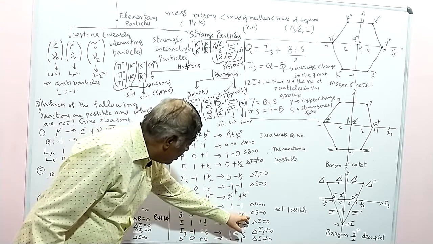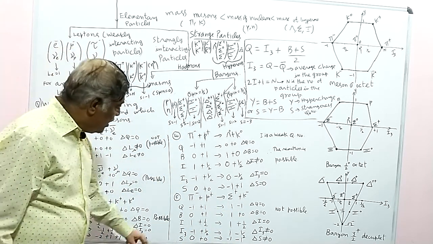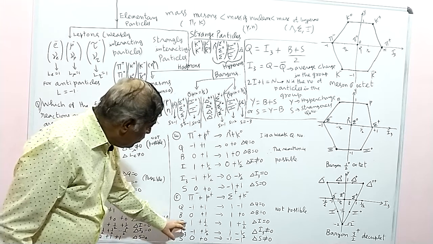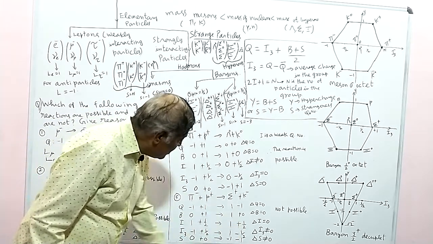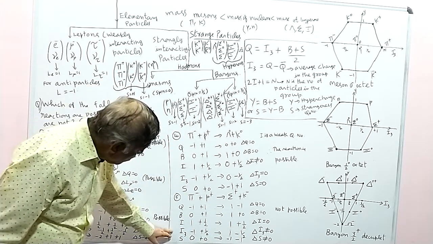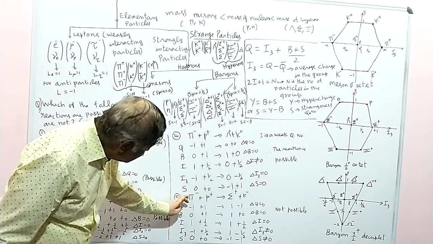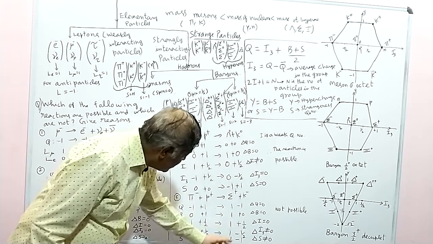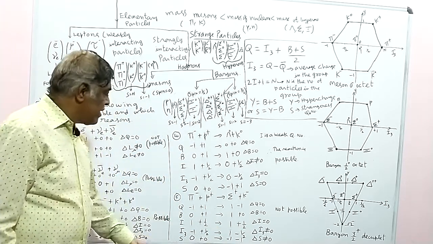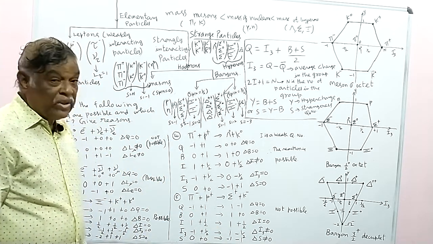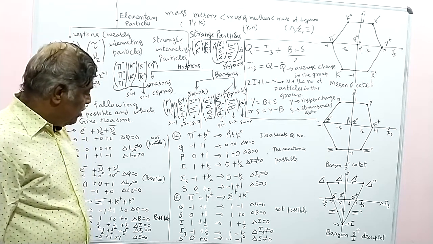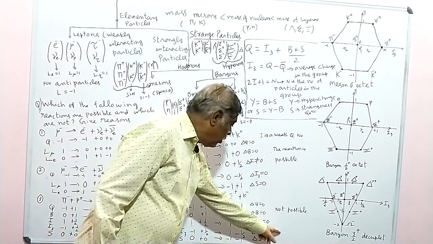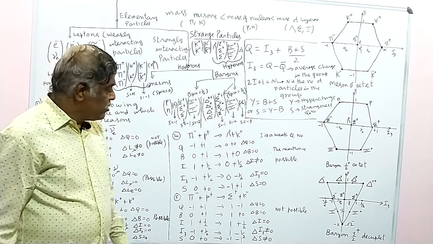So on both sides delta B is also 0. I is equal to 1 by 2, delta I is 0, and I3 is not satisfied because this is minus 1, for this one plus 1, whereas here 1 minus half, so this side minus half and this plus half, and therefore delta I3 is not 0. So the third quantum number, the isospin, is not conserved.